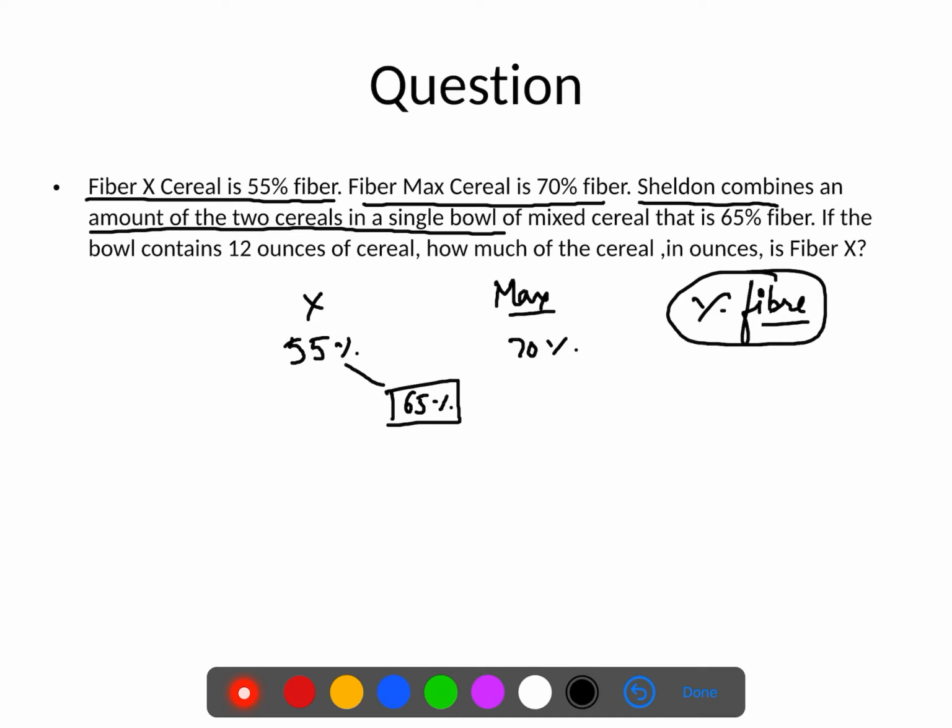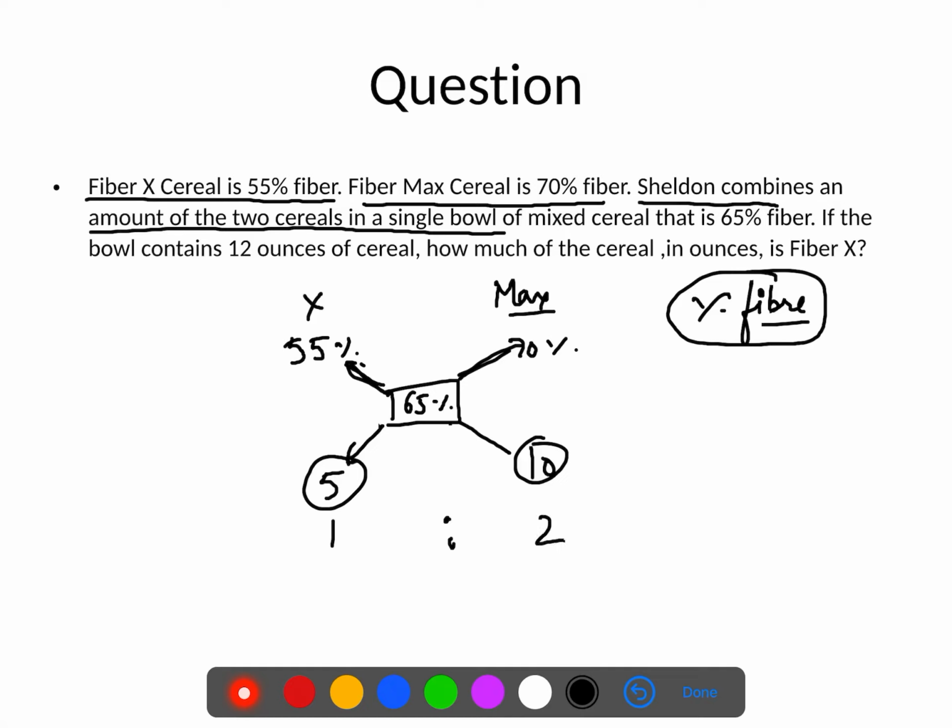So again, take the differences. We just need to take the positive differences. 65 is the bigger value, so 65 minus 55 is 10. Then 70 minus 65 is 5. We need to take the positive differences. So 5 is to 10, or 1 is to 2.